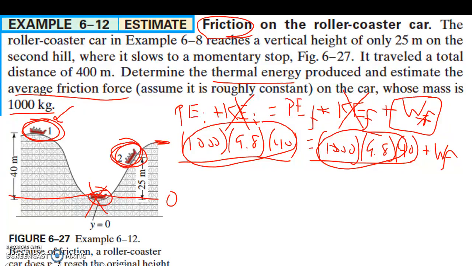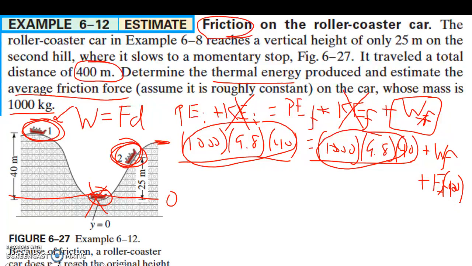So the thing about work is, if you remember the definition of work, it's force times distance. So with it being force times distance, I can substitute force times distance here. Why that's important is because right here, we know the distance traveled is 400. So the frictional force times 400 can go into here.